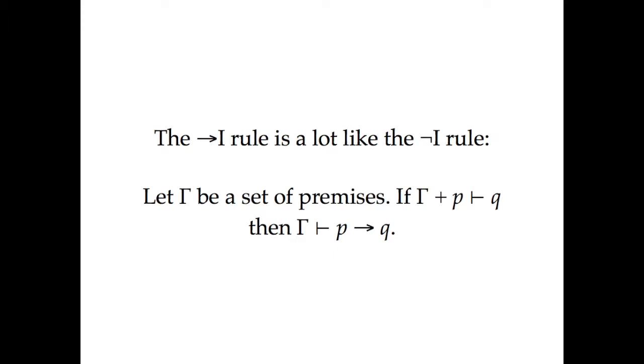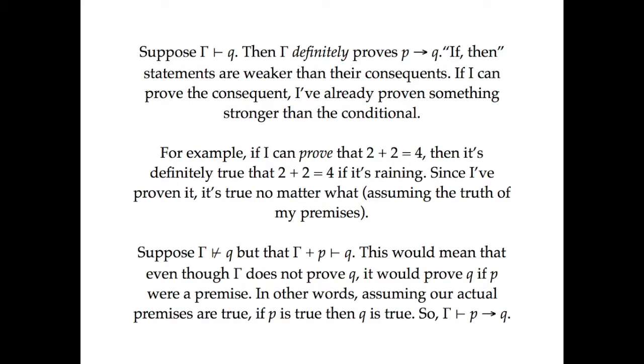So here's a more detailed way of convincing yourself that this is a good rule. Suppose that gamma proves Q by itself, without any supposition at all. If that's true, then gamma definitely proves P arrow Q. Why? Because if-then statements are weaker than their consequent.